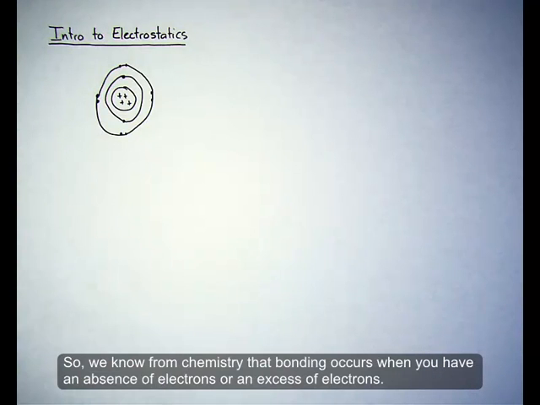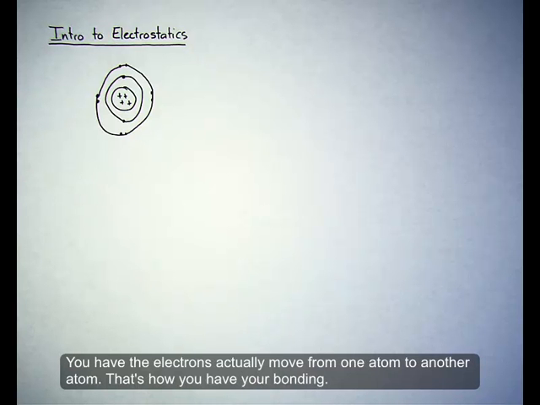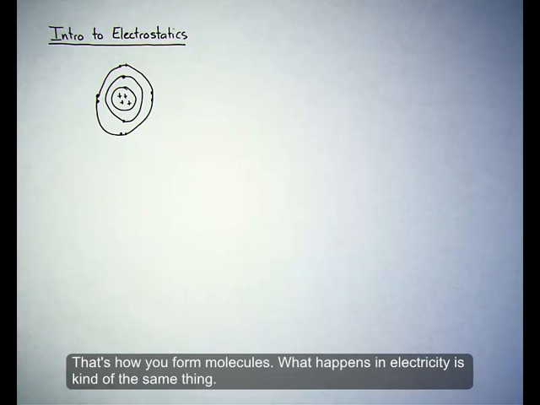And we know from chemistry that bonding occurs when you have an absence or an excess of electrons. The electrons actually move from one atom to another atom, and that's how you have your bonding. That's how you form molecules.